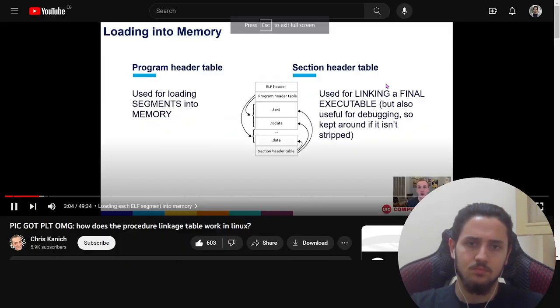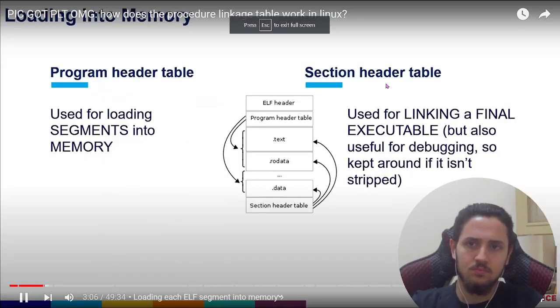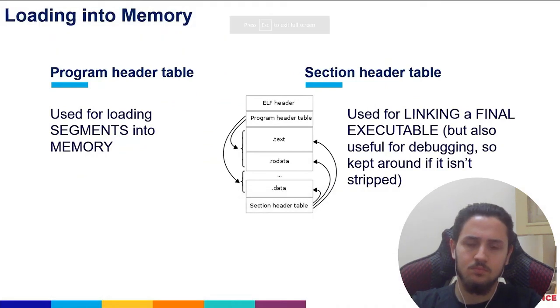So when we're loading these in, the first thing that the loader is going to do is figure out which segments of the ELF file need to be loaded into which addresses in the running process's memory space, in the memory image. I'm going to use lots of different terms to refer to roughly the same thing. I might talk about the memory space, I might talk about the memory image.